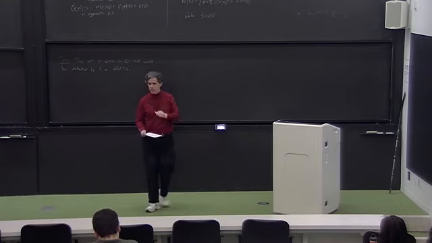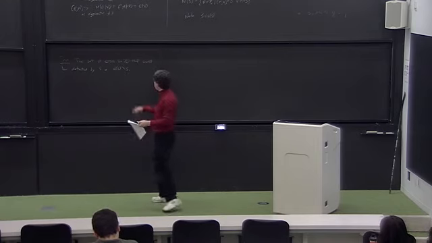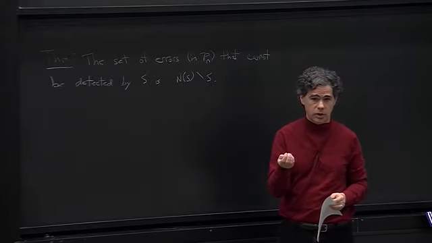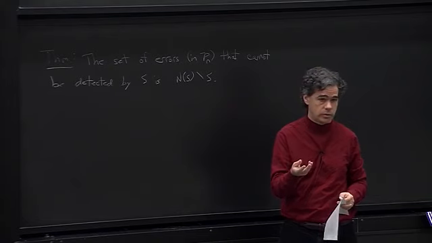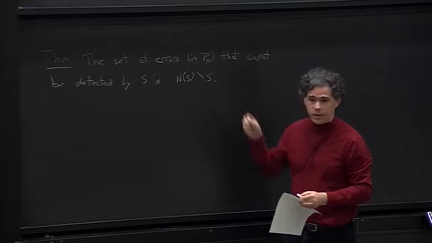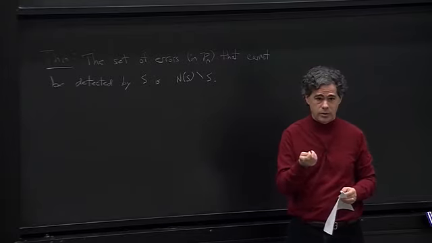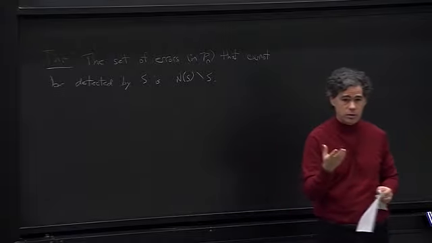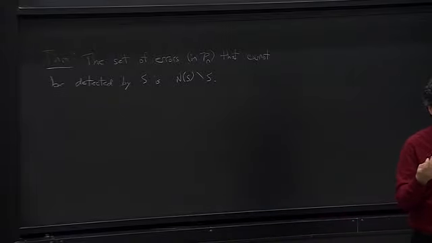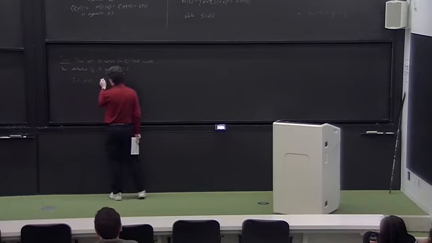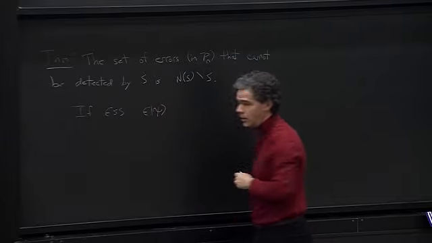Which I actually did say before, but I want to put more emphasis on it. So certainly anything that's outside of N of S can be detected, right? Because it has a non-zero error syndrome. But anything that's in S, why would I say that that's not a detectable error? Well, if it's in S, then what does it do to a code word? Well, E is in the stabilizer.